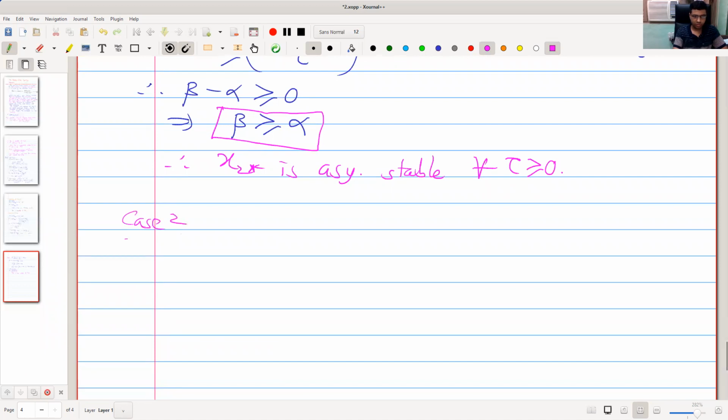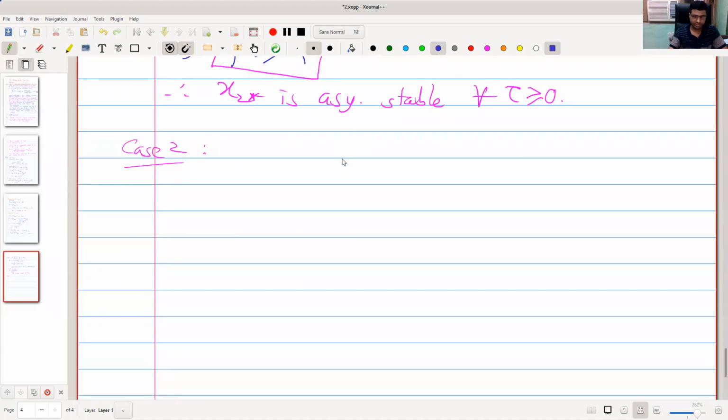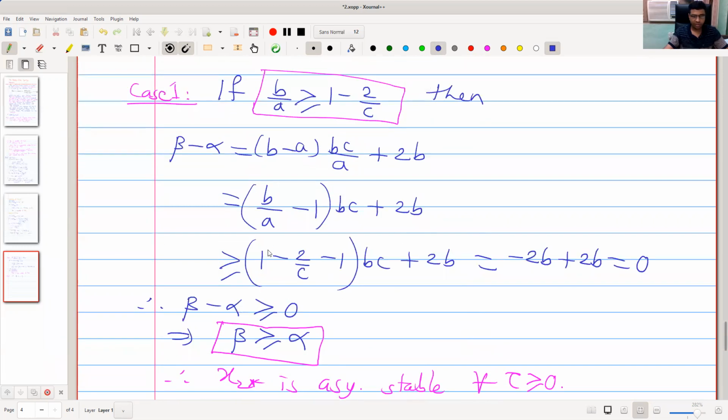Case 2 is another inequality. If b by a is less than 1 minus 2 by c, then in the similar fashion, here instead of greater equal, what we write, less than.